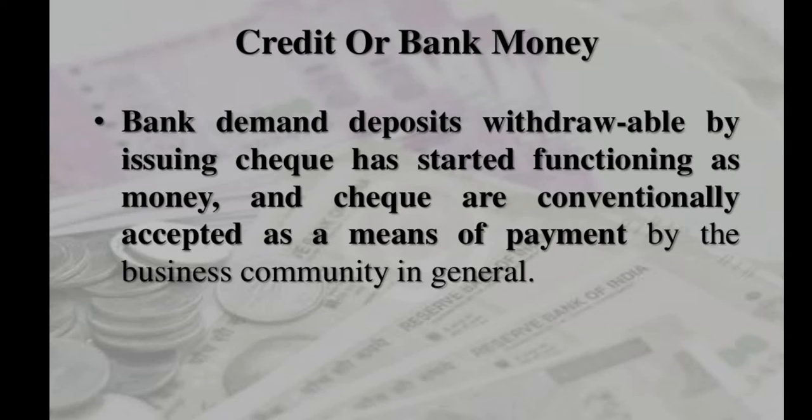They will give a check, that check is a conventionally accepted medium, and as a means of payment the business community is using this facility. What we are doing is giving checks for some payments, especially business people. That one is the bank money.